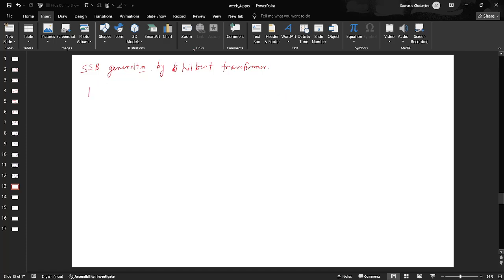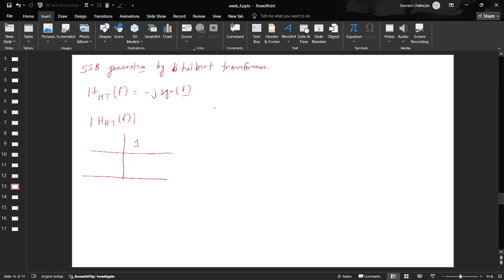So Hilbert transformer, let us refresh our memories. Let me write it down. The spectrum of the Hilbert transformer is given as minus j sgn of f, and if I look at its amplitude, you can see its amplitude is 1, because you are taking the absolute value of this, which is always 1.